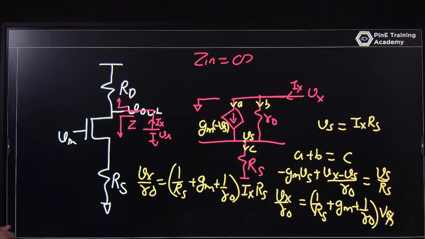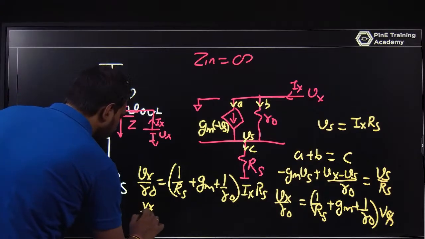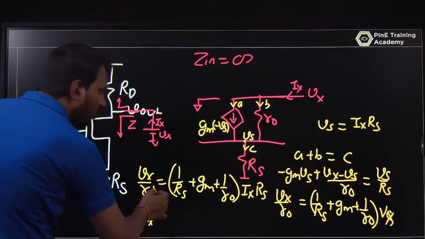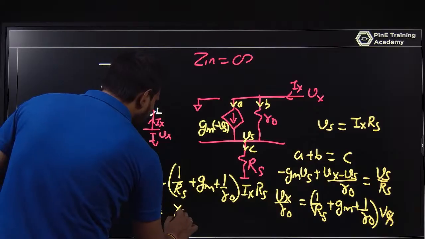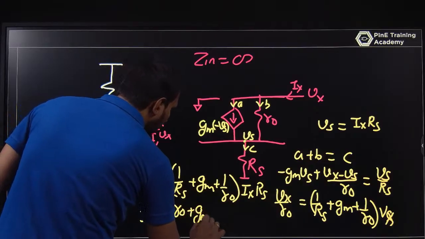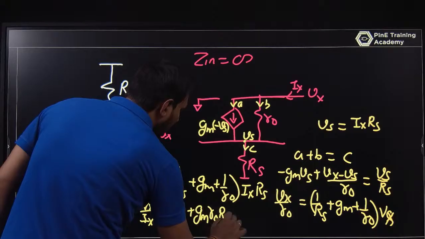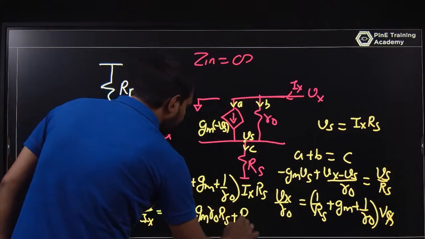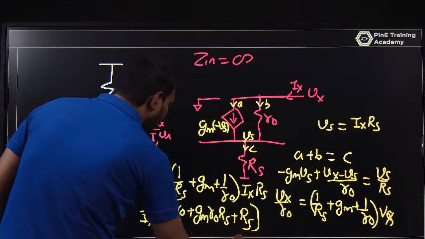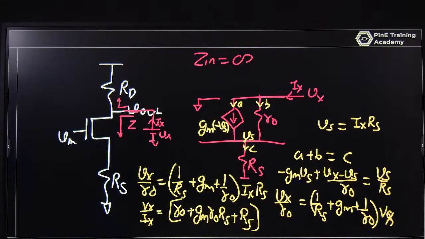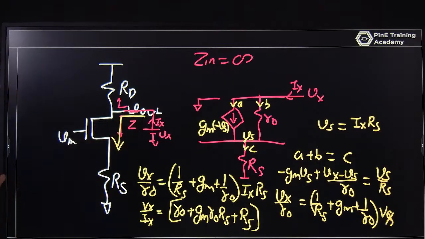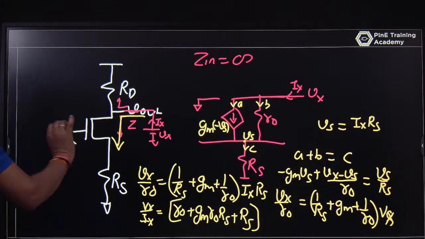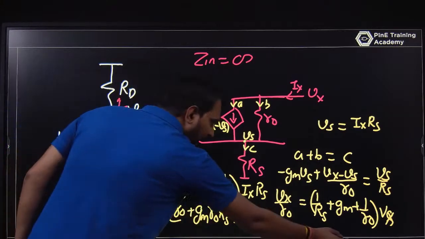So what is Vx upon Ix? Vx upon Ix, multiplying with R naught into Rs, is R naught plus gm R naught Rs plus Rs. So this is the resistance if you are looking from this side. Whenever you have this type of circuit, you can directly write it.